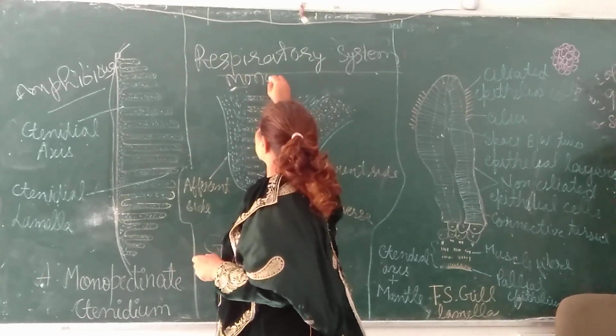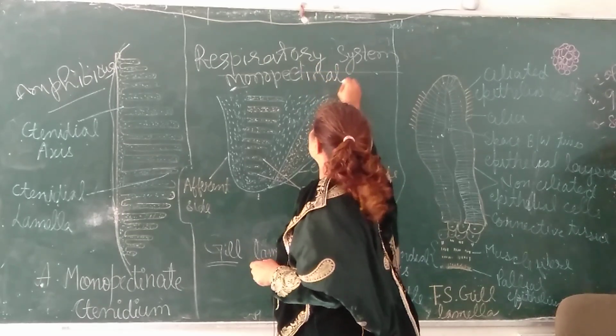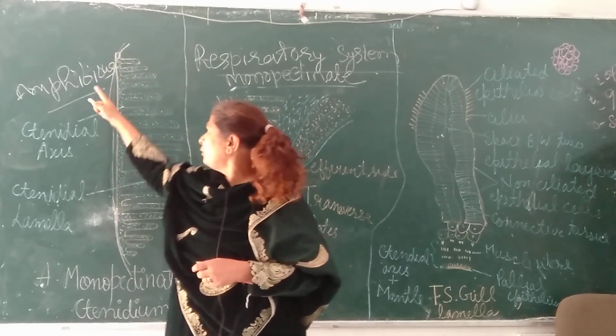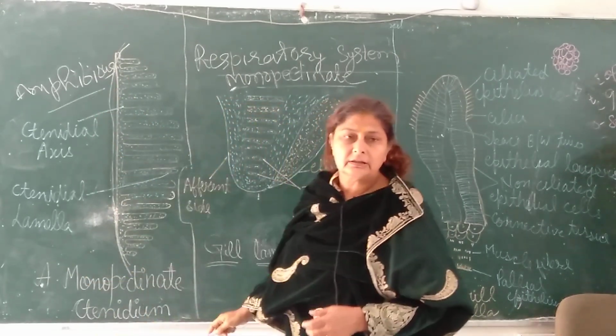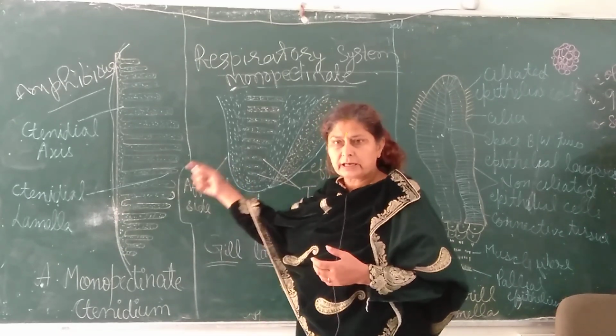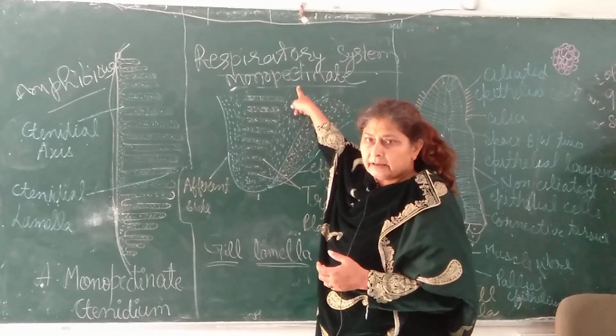If it is on both sides, as in some molluscs, that is called bipectinate. Because it has lamellae on one side, it is called monopectinate.